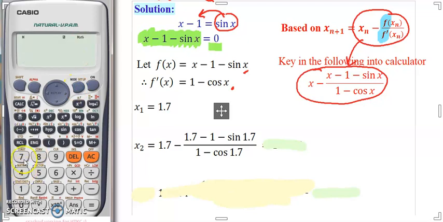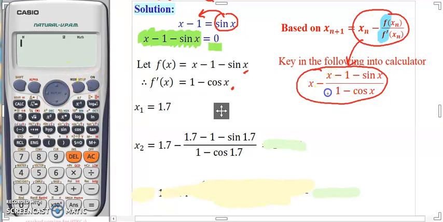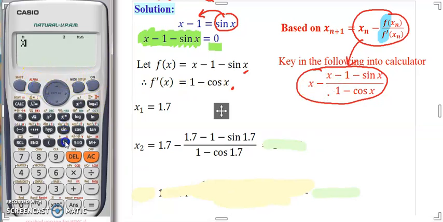If you're using another calculator, it depends on how the setting is done. Next, I'm going to insert this function in terms of x. So I have x minus a fraction: x minus 1 minus sine x, divided by 1 minus cos x.